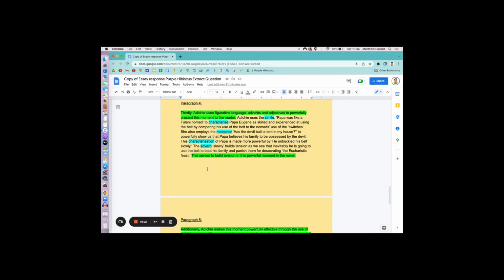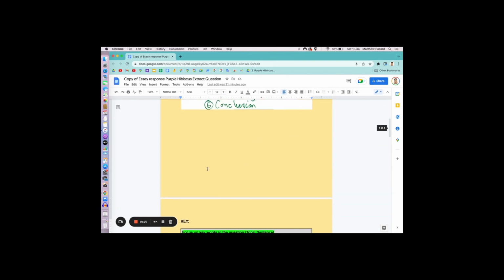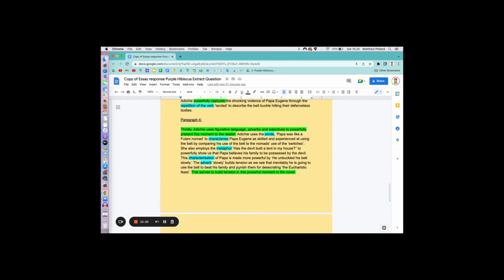As you can see, I'm using the plan, but have put together metaphor, simile, adverbs and adjectives into the same paragraph. This is because there was not enough really to justify 2 separate paragraphs.